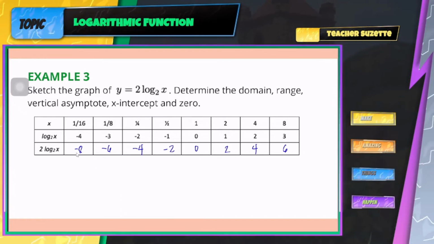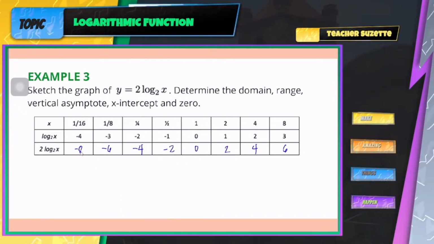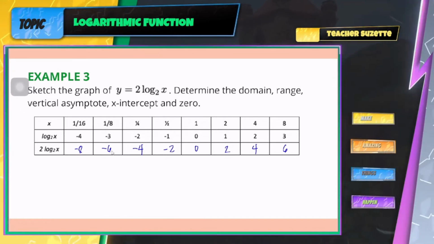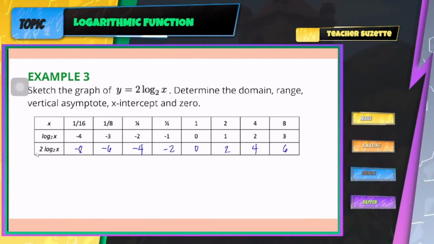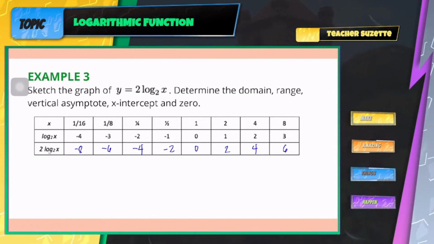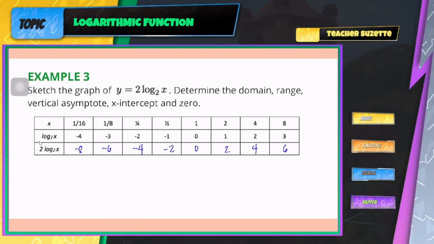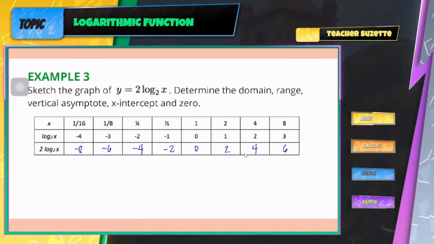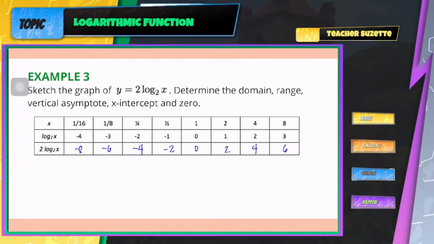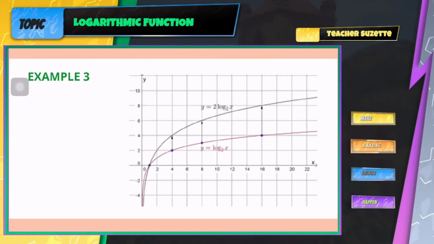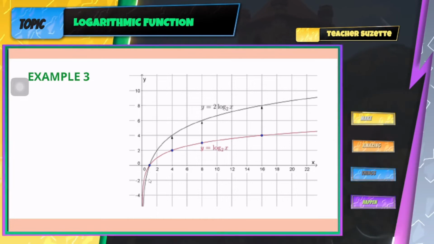So, ayan, nakumpleto na po natin yung ating mga y coordinates for our y is equal to 2 logarithm of x base 2. If we are going to plot these ordered pairs, we will have the graph of our example number 3. So, ito na po yung kanilang graph.